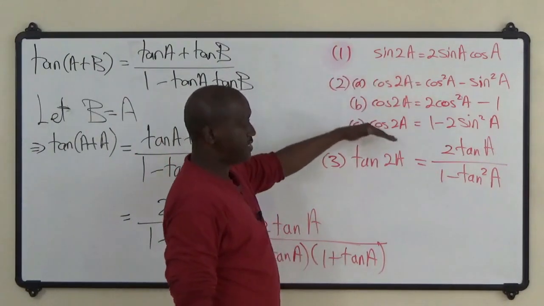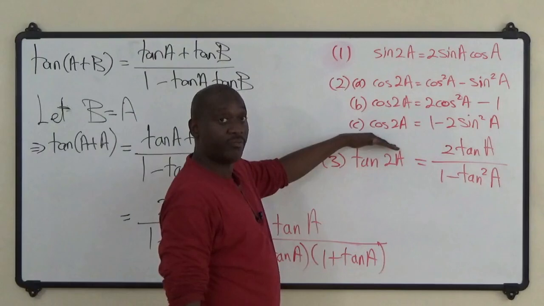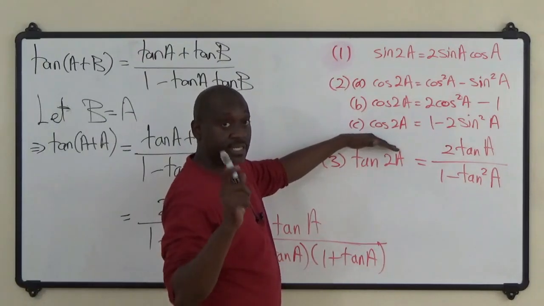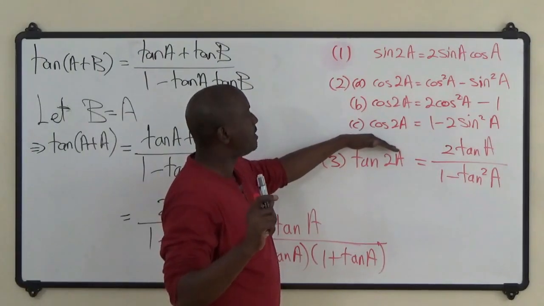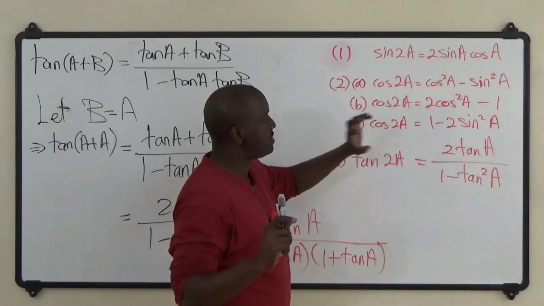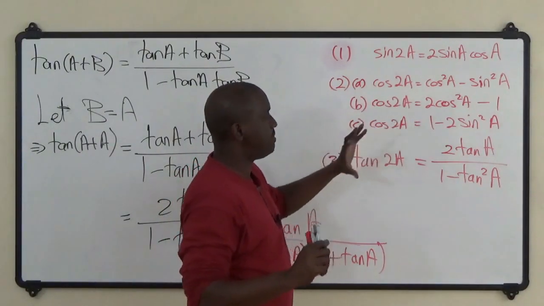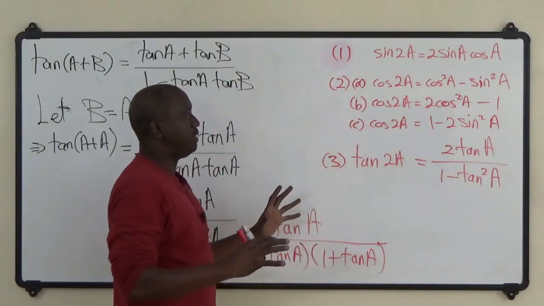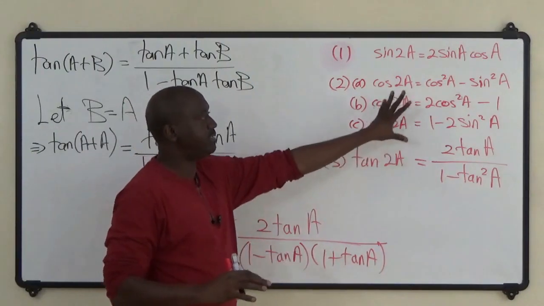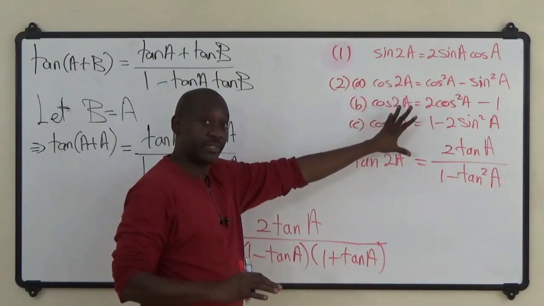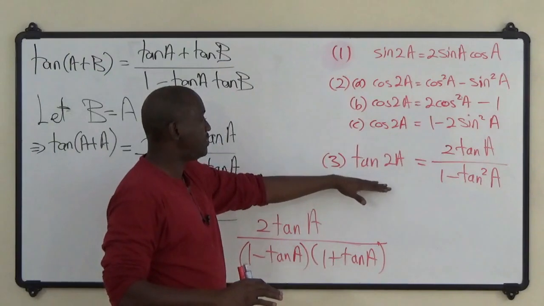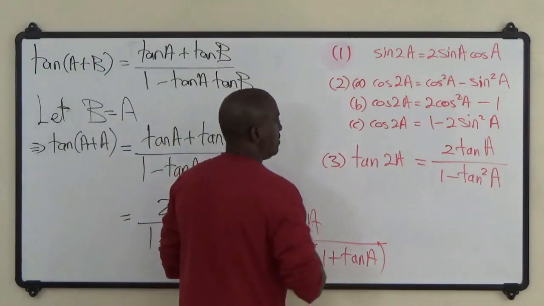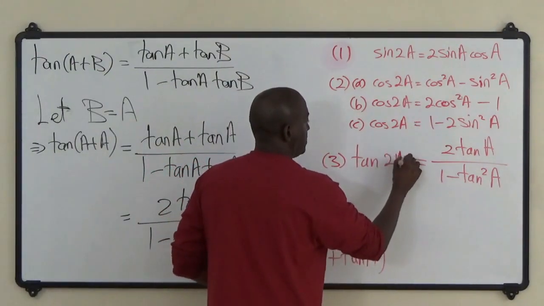So, you have the double angle formula for sine of 2A. You have 3 versions of the double angle formula for cosine 2A, and that is something that you need to remember. For cosine 2A, we have 3 versions, all of which you must be familiar with, because you'll have to use all of these things in the course of solving trigonometric identities. And then you have tan 2A, which is just one version there. So that's basically it.